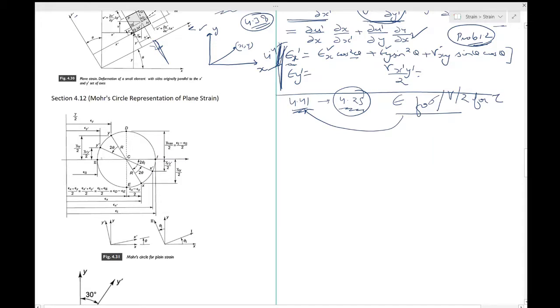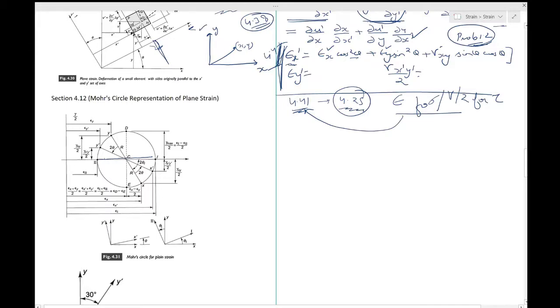Axis 1, 2, this is 1, 2 and DE are of special interest. The 1, 2 set is the only set for which the shear strain component is 0.